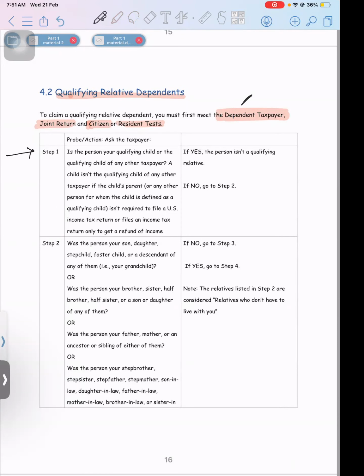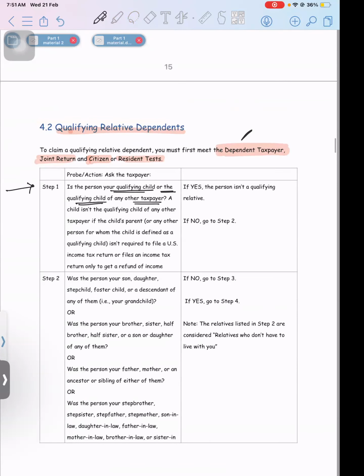First one: is the person your qualifying child or the qualifying child of another taxpayer? See, whoever is going to be claimed as a qualifying relative, the first step you will check is whether that person is a qualifying child, or a qualifying child of another taxpayer?